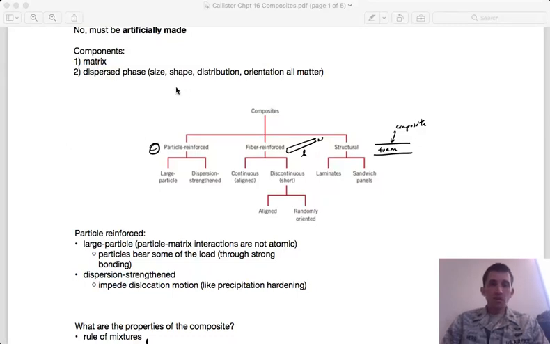And so they have a defined size and shape and a distribution, and also an orientation. So in certain composites, you can carefully orient your dispersed phase or your reinforcement to be aligned with one another and all in one direction. And that gives you anisotropic properties for your material, which, depending how you make your part, can be used to your advantage.